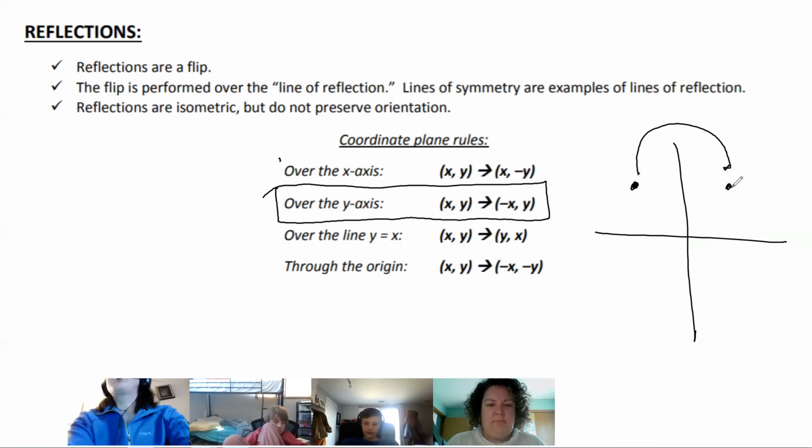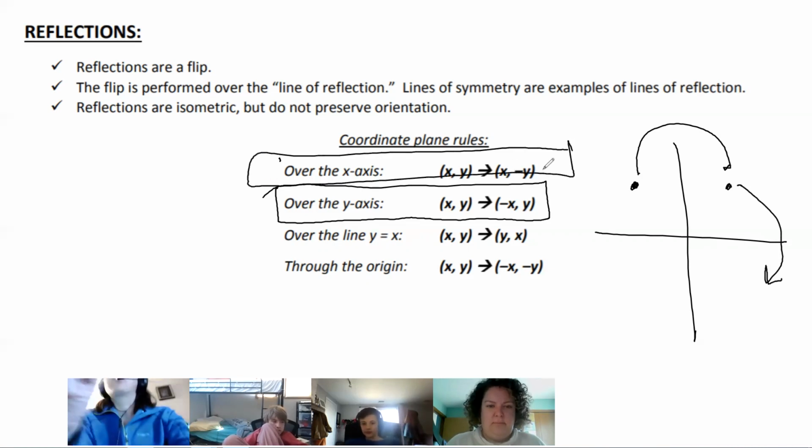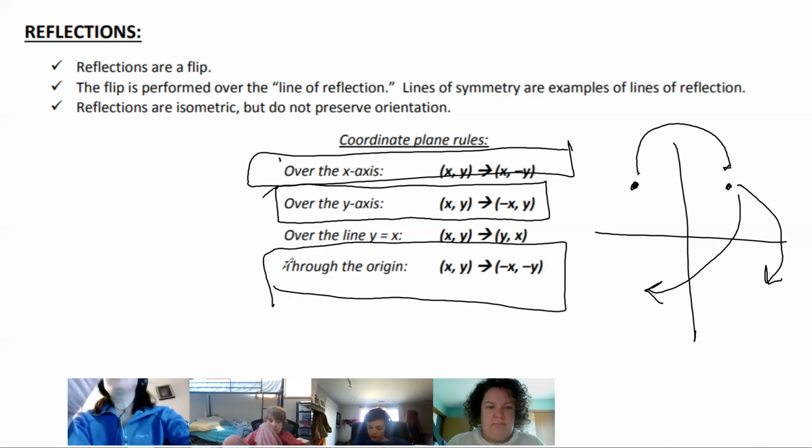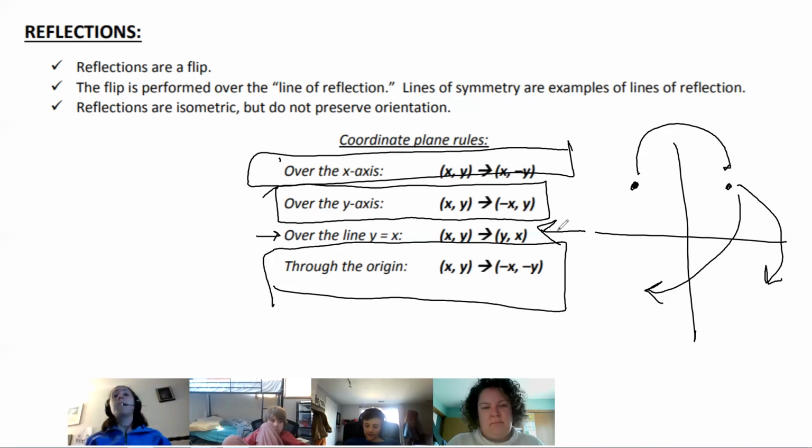And if we reflected over the x-axis, it makes your y's go negative or opposite of whatever it was. If you reflect over the origin, both of them go negative. I don't think you'll have to worry about this one, over the line y equals x. I don't think that shows up, but that is the rule. And I did get this right off of Google Images, so if you don't write it down now, you can always go to Google Images and type in reflection rules, and this will pop up.